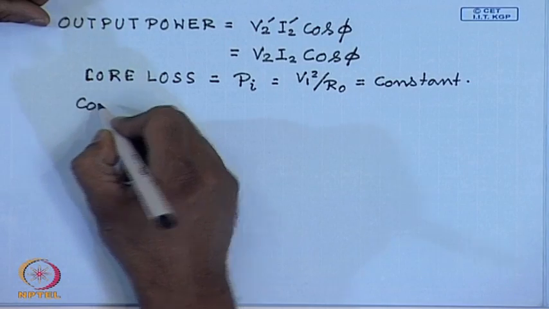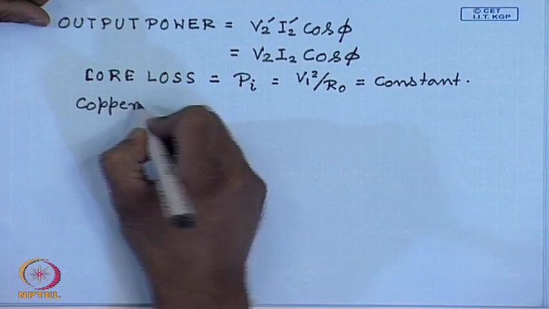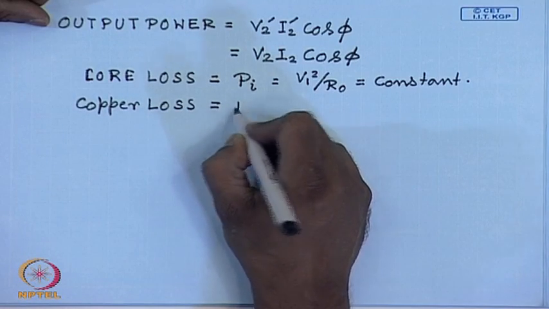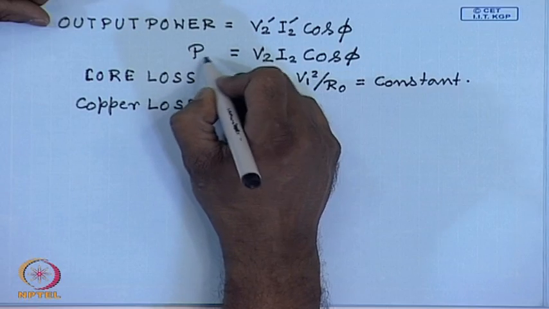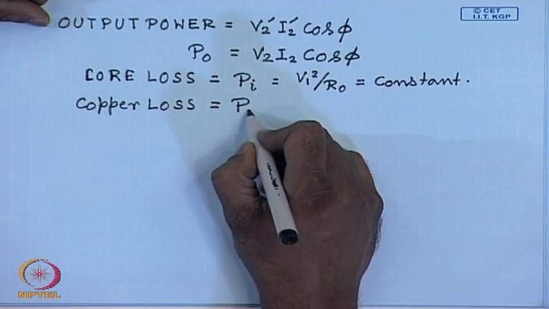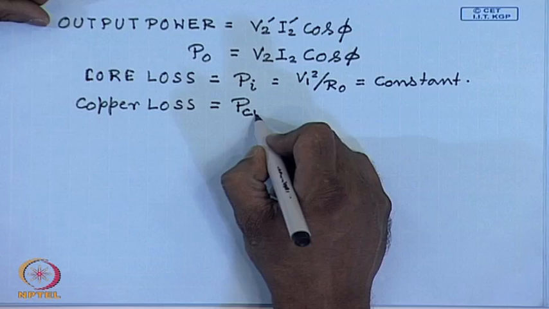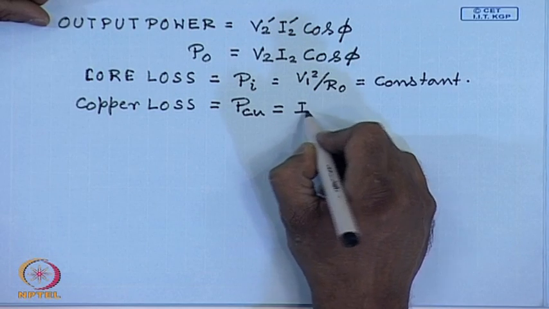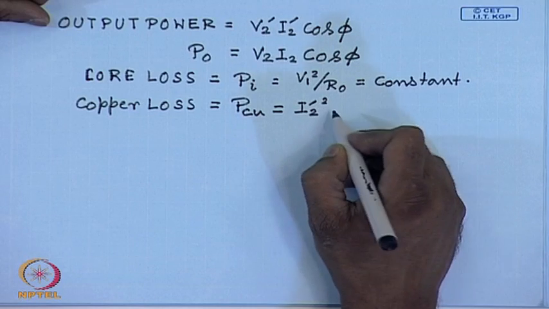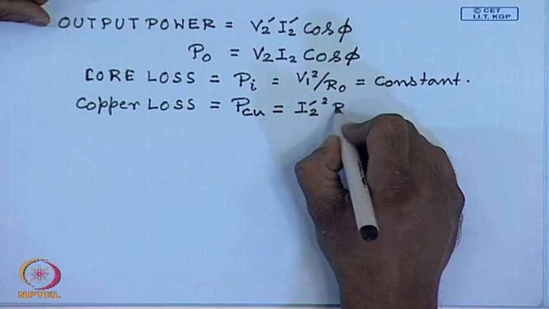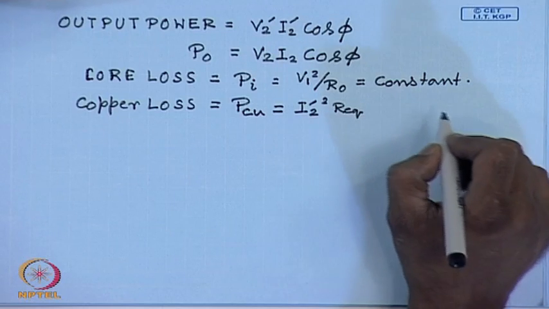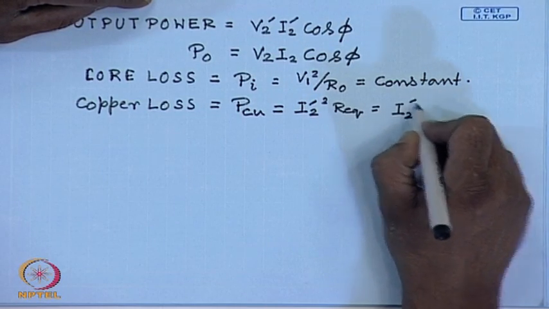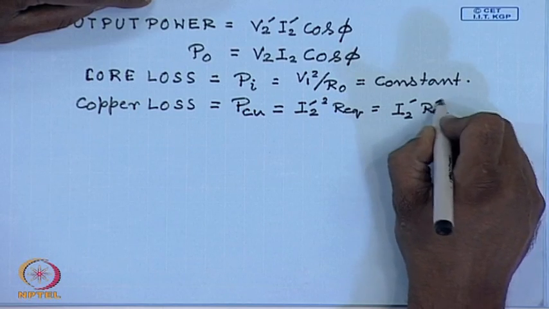Copper loss denoted as PCU equal to I2 dash square Req, or it is I2 square Req dash, same thing.